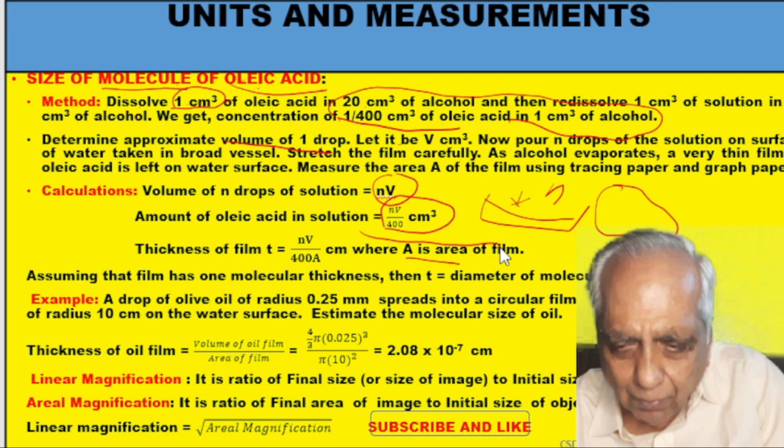Now we are assuming that this thin oleic acid has only one molecule. This is its area A and this thickness is the diameter of the molecule.